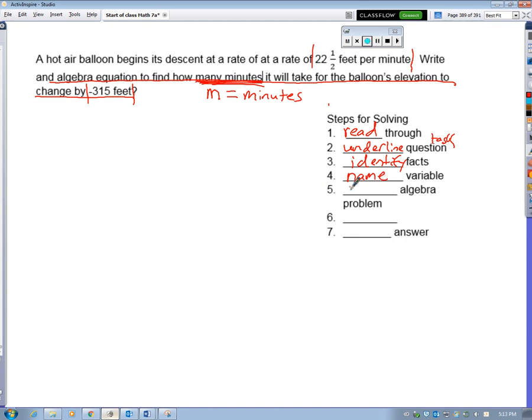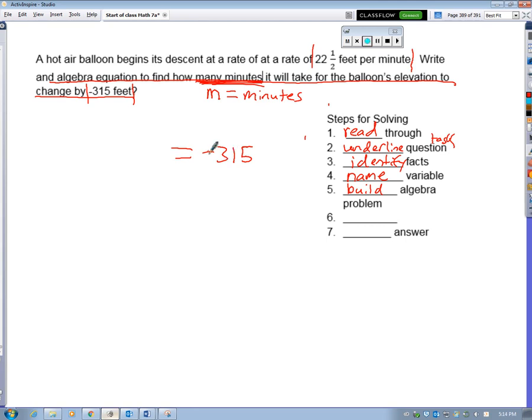Number 5, we're going to build the algebra problem. Okay, just like we did before, here's how much it changed by. That's what we know took place. That's our ending number. So that is going to be the number we are trying to get to on this side of the equal sign. This is what we know.